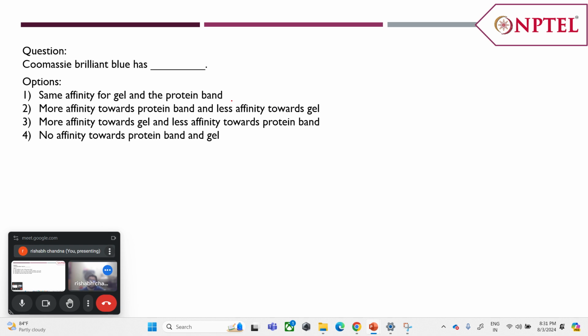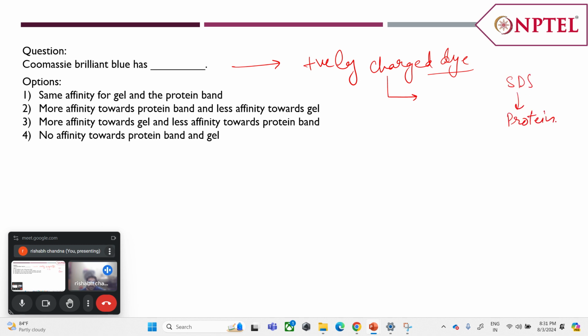Okay, so Coomassie Brilliant Blue is a positively charged dye. Like in SDS-PAGE electrophoresis, what we do is add an SDS molecule to the protein so that it will become a negatively charged molecule.